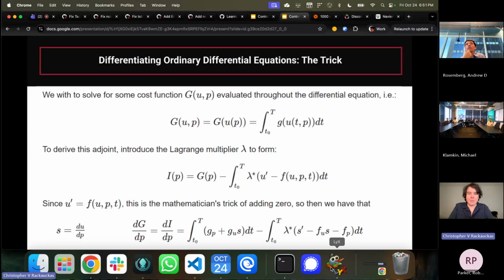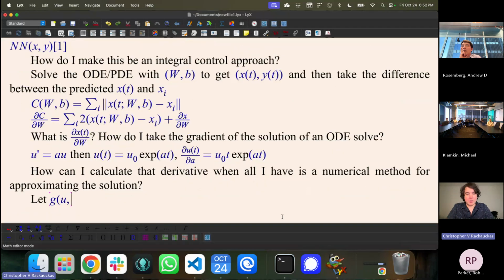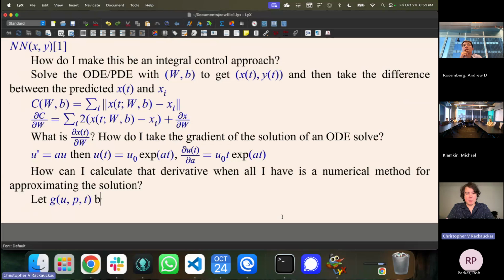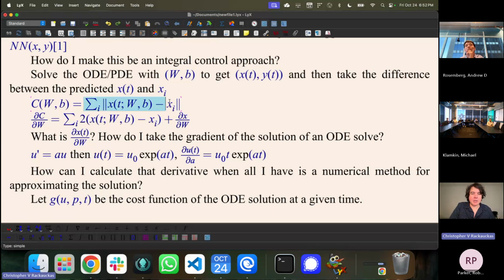The key aspect here is, okay, let g(u,p,t) be the cost function of the ODE solution at a given time. So instead of having a cost function that is global, I'm going to say what is the cost function at every single time point.